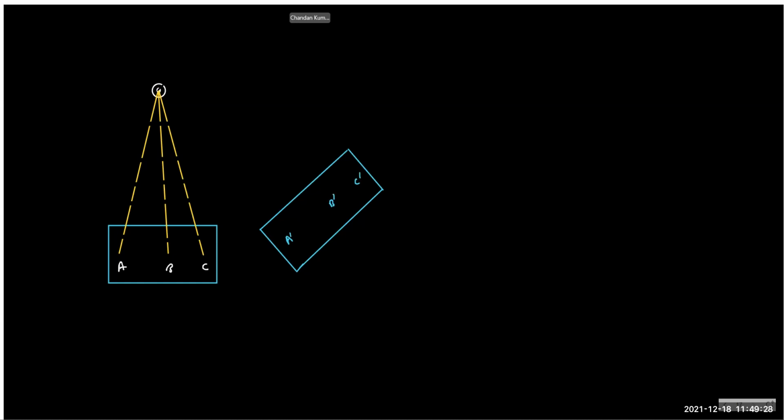Then I again join the points with the same axis, and I can check the angle.